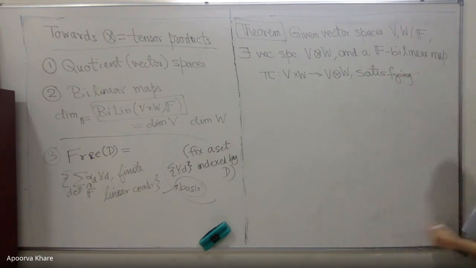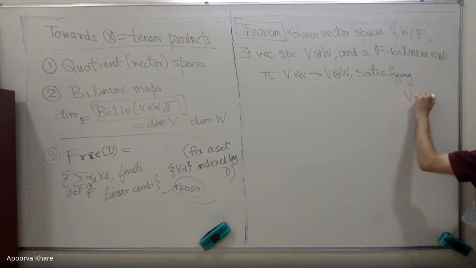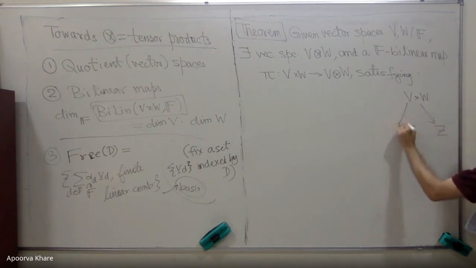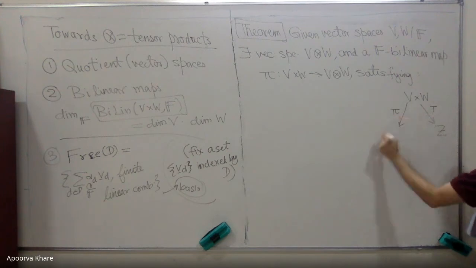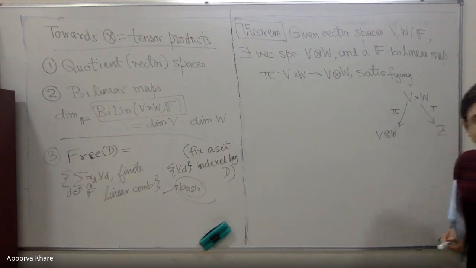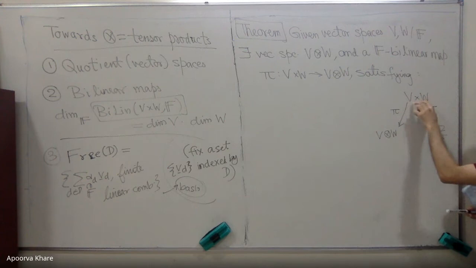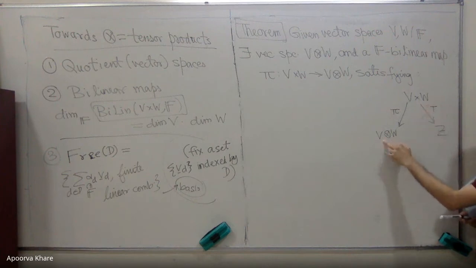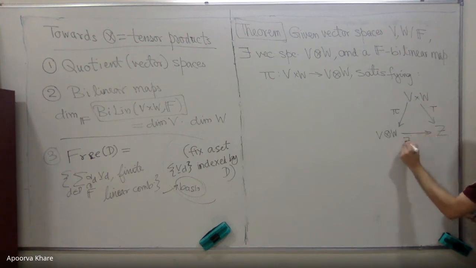And what is the property? The property basically says, look at all possibilities when you have a bilinear map going from V cross W to Z. On the other hand, I know that I have a bilinear map pi going from V cross W to V tensor W. So in some sense I'm saying, look at the category of vector spaces Z together with a bilinear map V cross W to Z. Well, this one is one such object where Z equals V tensor W. I'm saying whenever you have any other object like this, there exists a unique map making this commute.